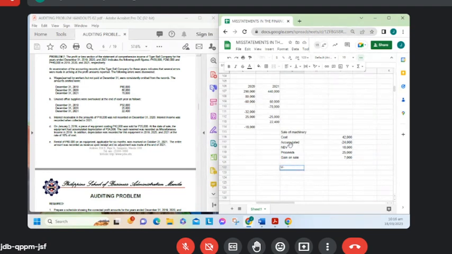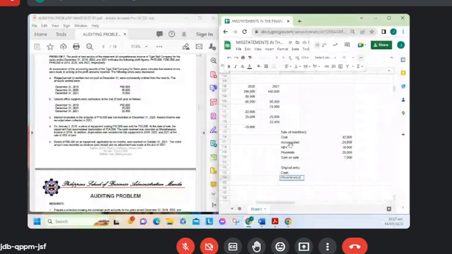But the company recorded it as miscellaneous income. So the original entry made is debit to cash, credit to miscellaneous income, 25,000 pesos.